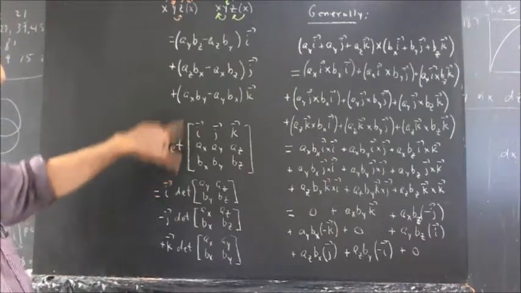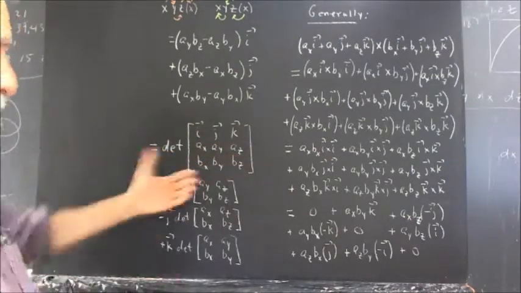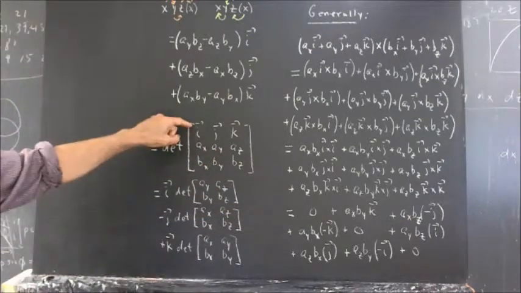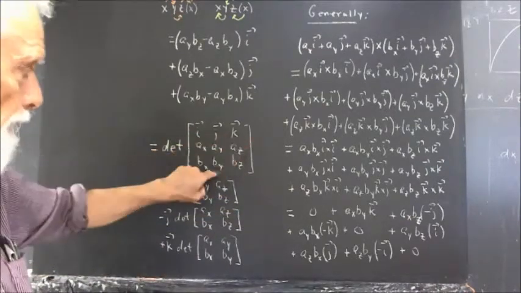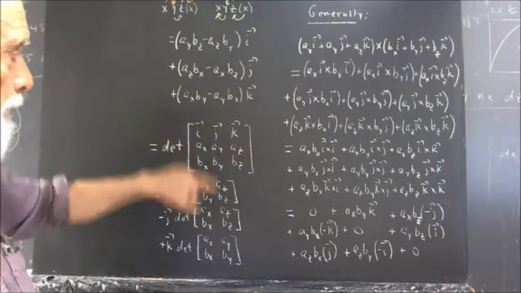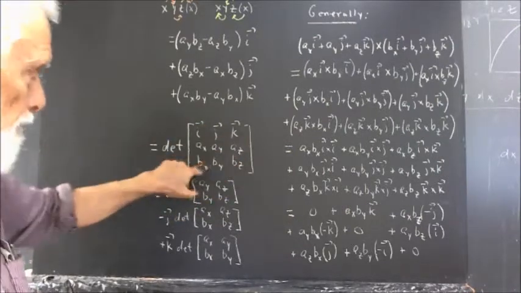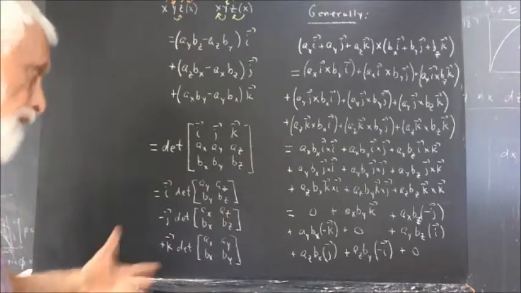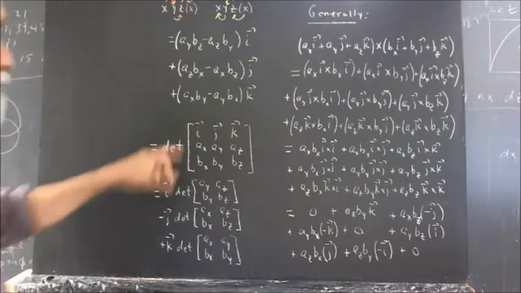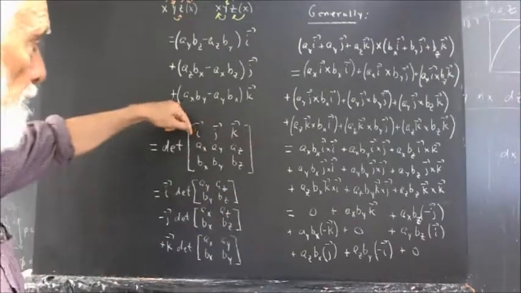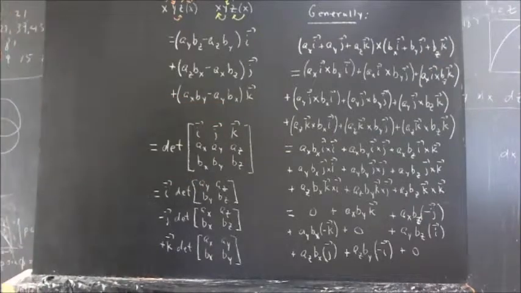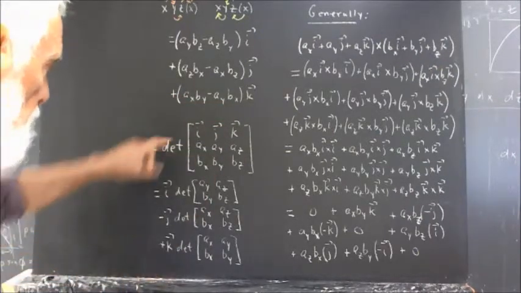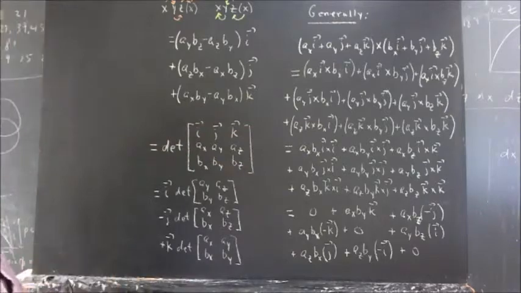Okay, well, the determinant of this is easily calculated. It's just i times (AY BZ minus AZ BY) plus j times (AX BZ minus AZ BX), and so forth, if you know that pattern. And the definition, of course, is that we're going to expand the determinant in minors on the first row. Of course we could expand it on any row, but we'll expand it on the first row.